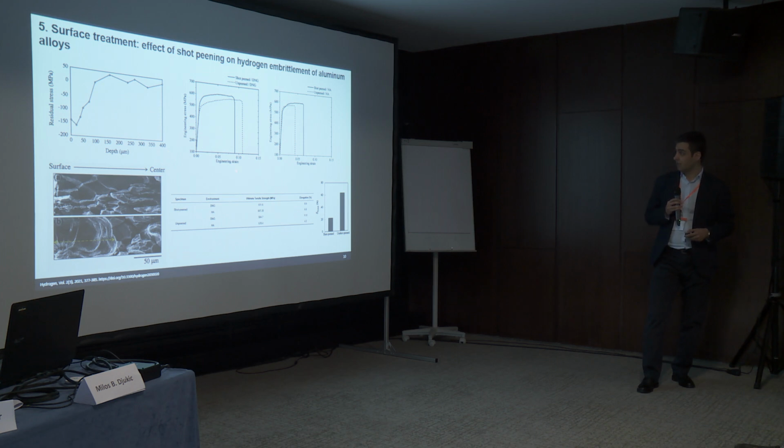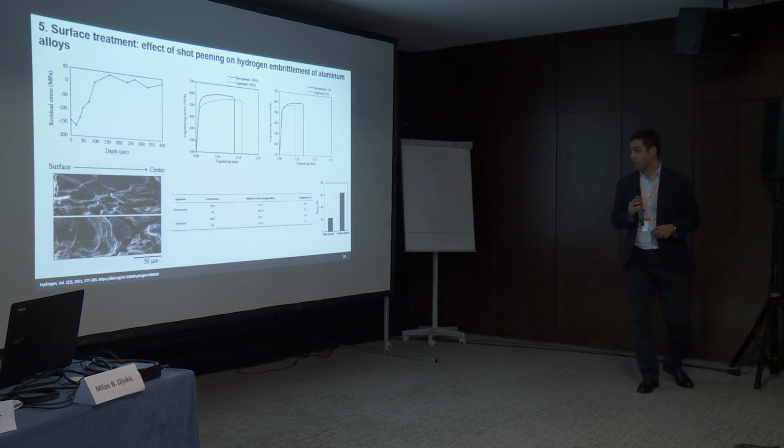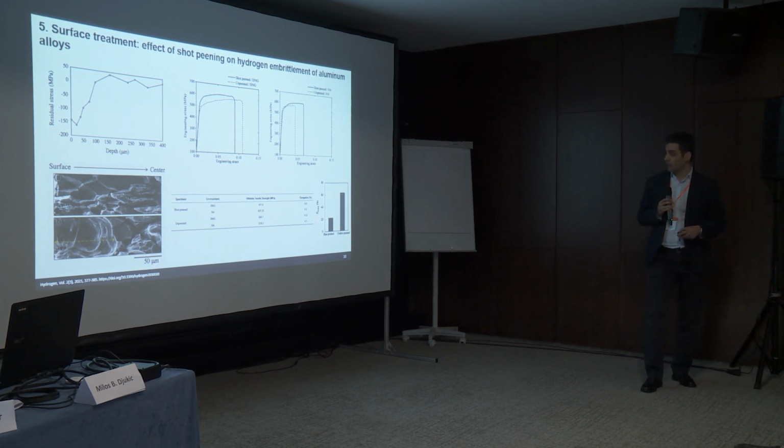And finally we can say that the hydrogen embrittlement behavior was improved. Here if you look at the elongation loss, you can see that between the unpeened and the shot peened one, the shot peened one has a considerably lower elongation loss, and this is also a very promising technique.